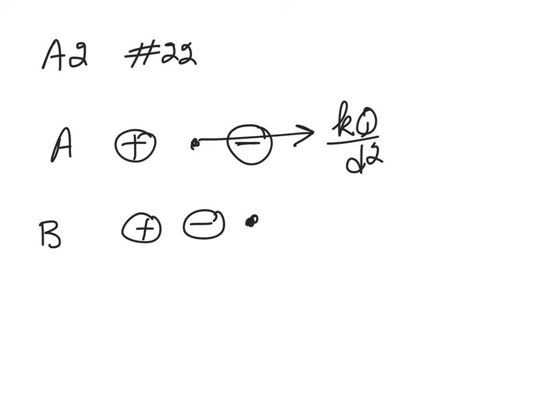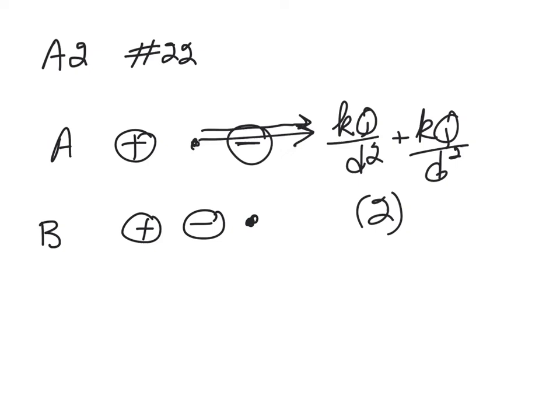And the negative charge would have a field in the same direction because it goes toward the charge, right? I'm crossing the charge just to make the arrow big enough. And so here you would have two vectors in the positive direction, and you would just add them. And so you would get 2kq over d squared. So the coefficient is 2 times kq over d squared. So that's the answer to A.